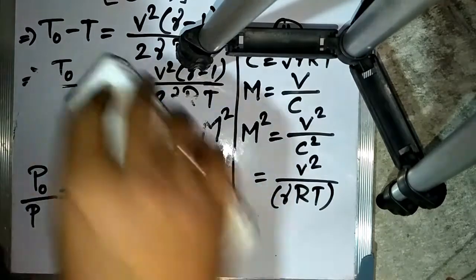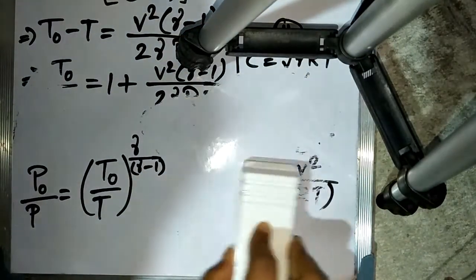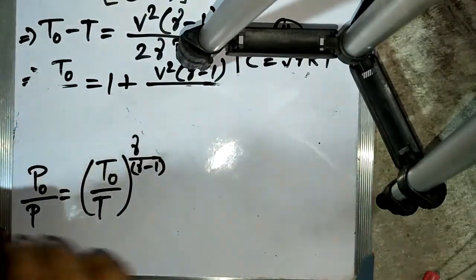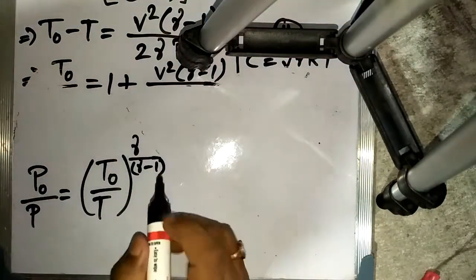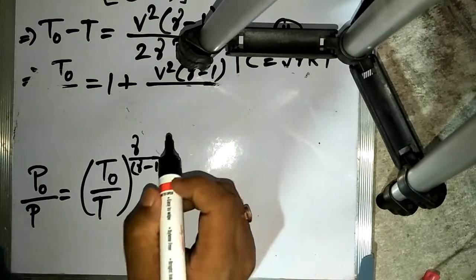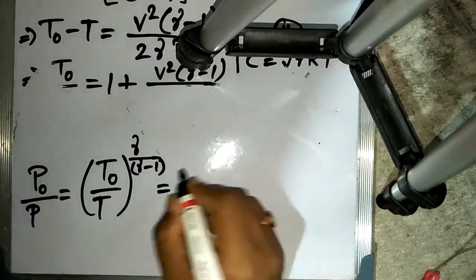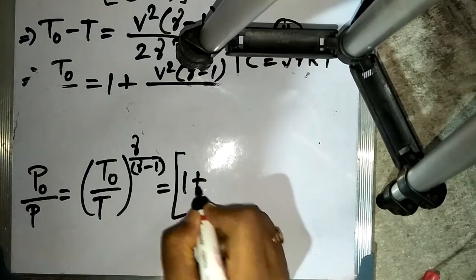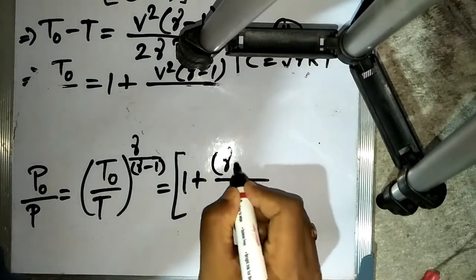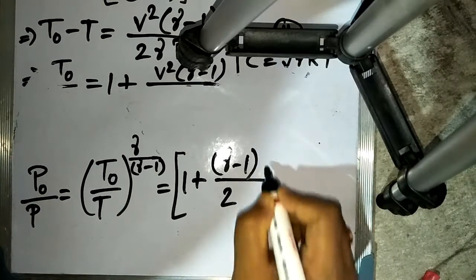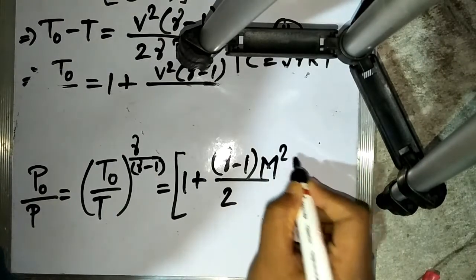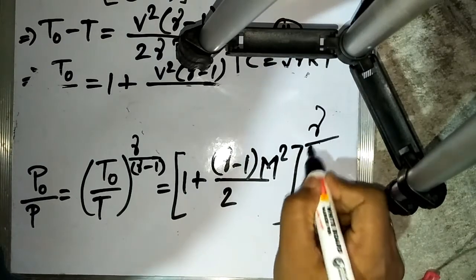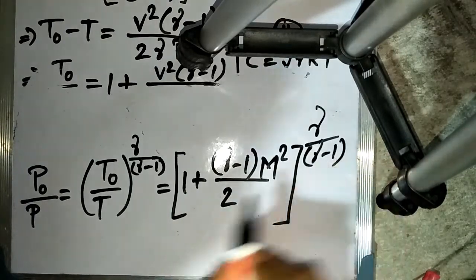By substituting the value of T0 by T that we have already derived, the value is 1 plus gamma minus 1 by 2 into M square, to the power gamma by gamma minus 1.